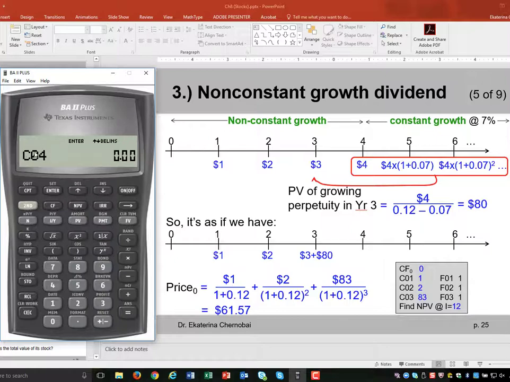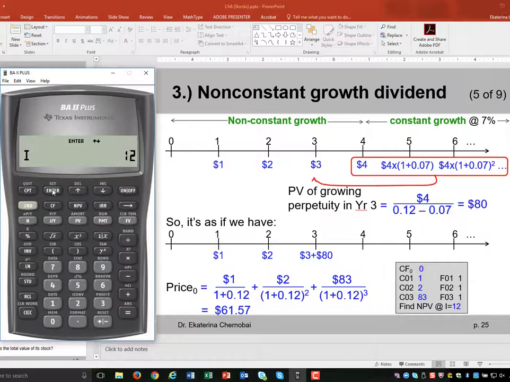So you press 83, enter, down, and down again. What's cash flow 04? Nothing. We don't have it. We only have 3 cash flows in our simplified version of the problem, right? That's it. So now you just need to find the combined present value using 12% as the discount rate. You press NPV. I is the interest rate. You press 12.